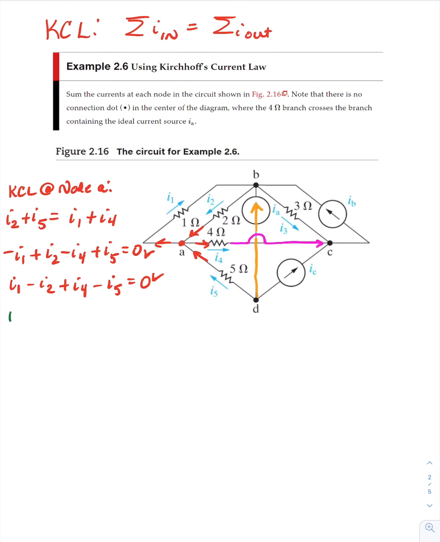So let's do KCL at node B. And B is right here. Coming in, we have I sub 1 and I sub A and I sub B. So I sub 1 plus I sub A plus I sub B. And leaving this node, we have I sub 2 and I sub 3.